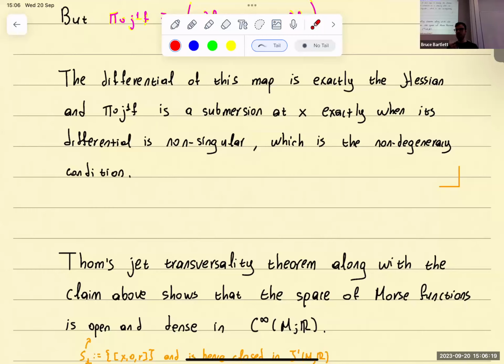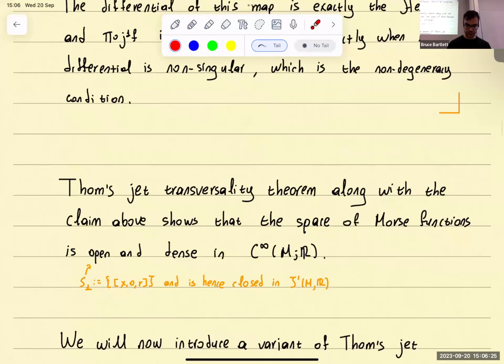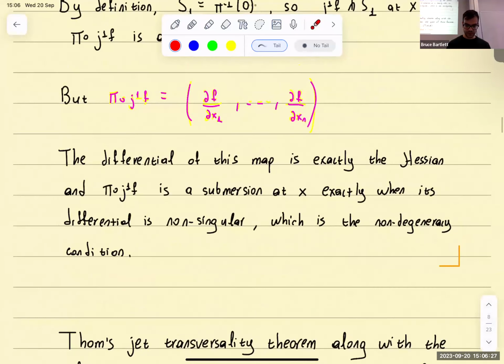Maybe just spell that out explicitly. When you say that this map is a submersion exactly when its differential is non-singular, just explain that. So we have got a map. Well, that's true for any map, right? Being a submersion basically means that it's full rank.